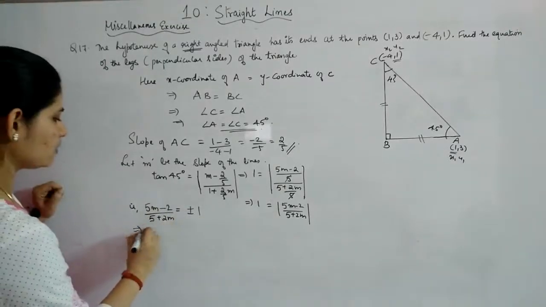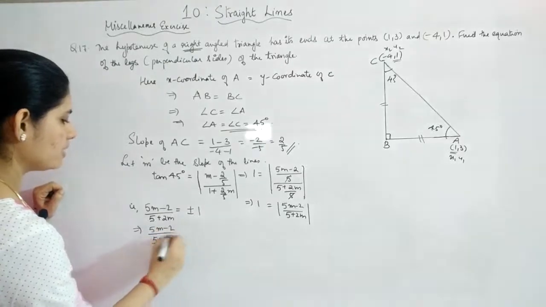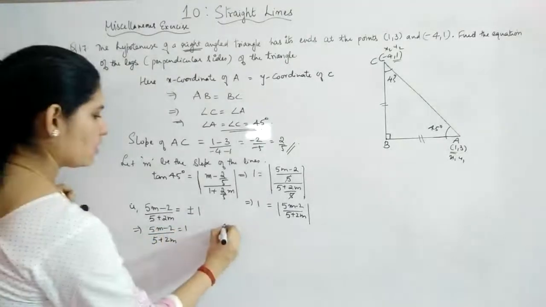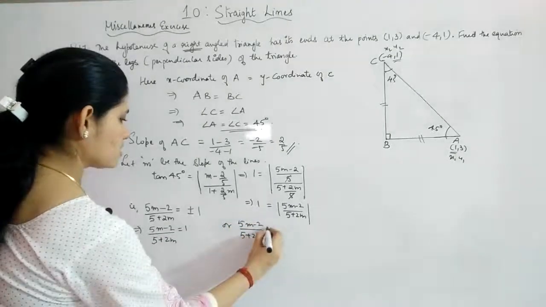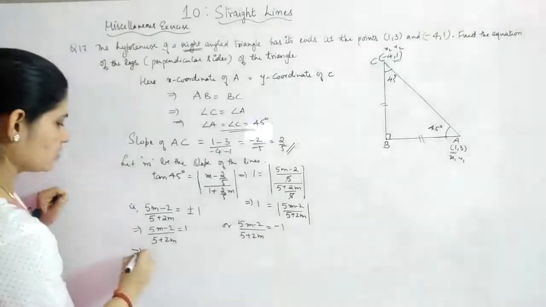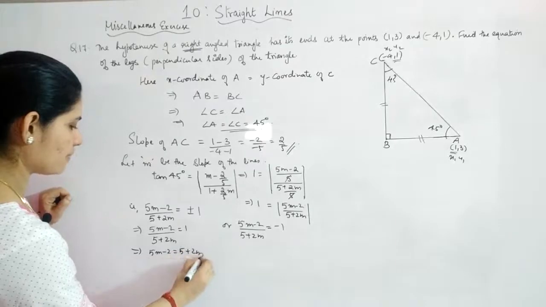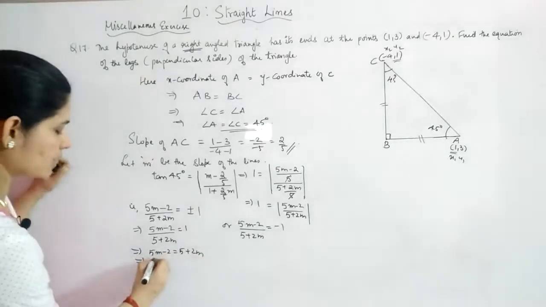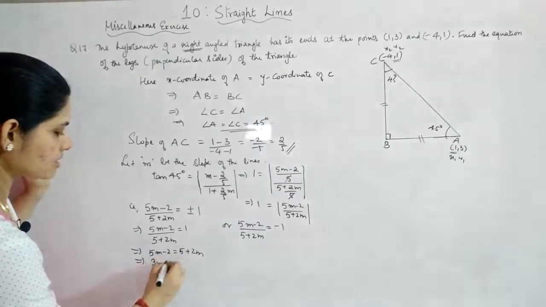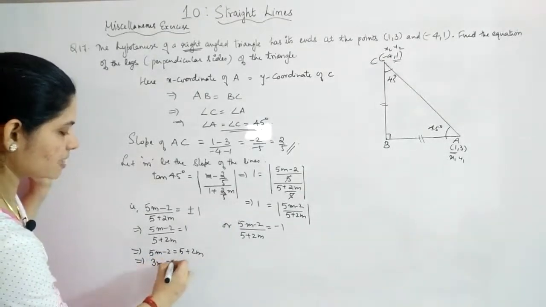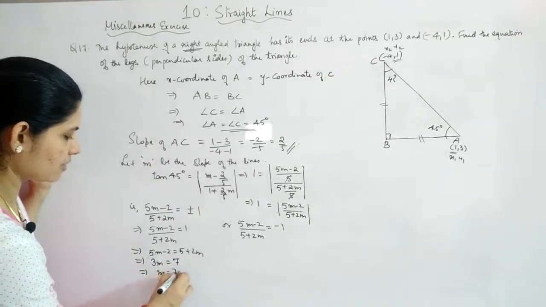So either 5m minus 2 by 5 plus 2m is equal to 1, or 5m minus 2 by 5 plus 2m is equal to minus 1. The first gives 5m minus 2 is equal to 5 plus 2m. Bringing terms over, 5m minus 2m is 3m, and 5 plus 2 is 7, so m is equal to 7 by 3.